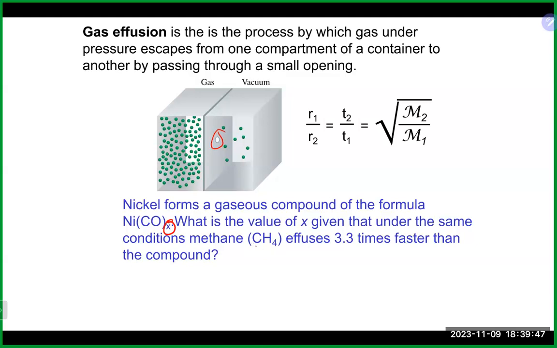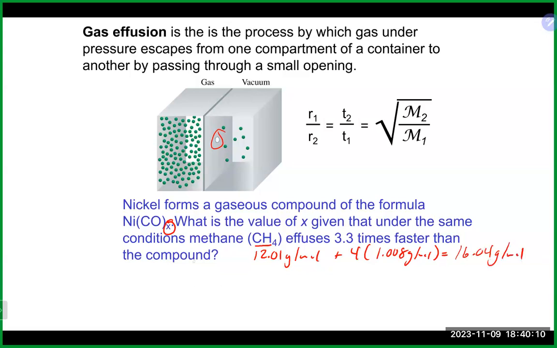We know methane's molar mass is 12.01 plus 4 times 1.008 from the periodic table. That's going to give us a molar mass of methane of about 16.04 grams per mole.